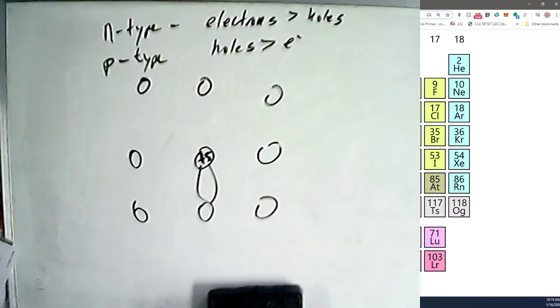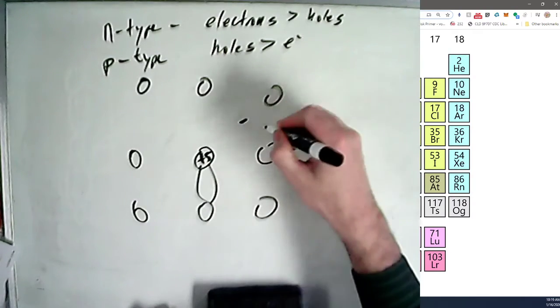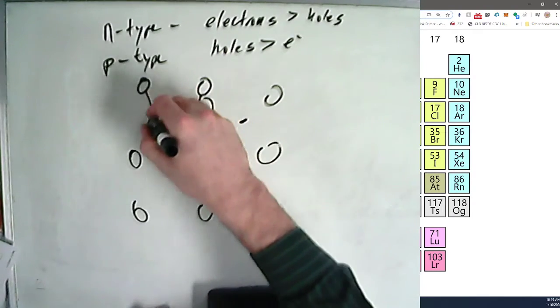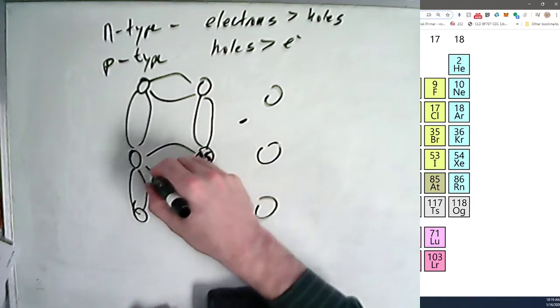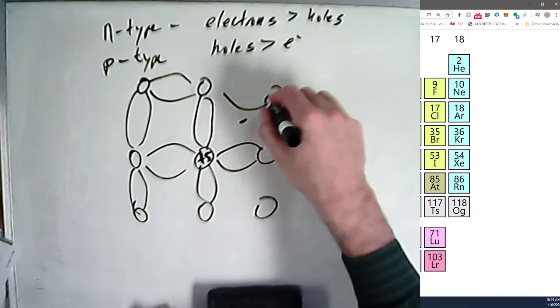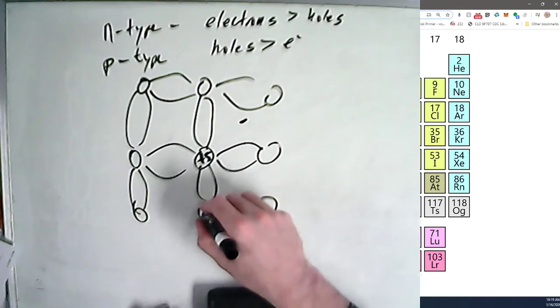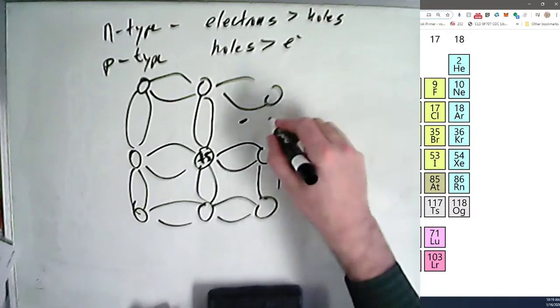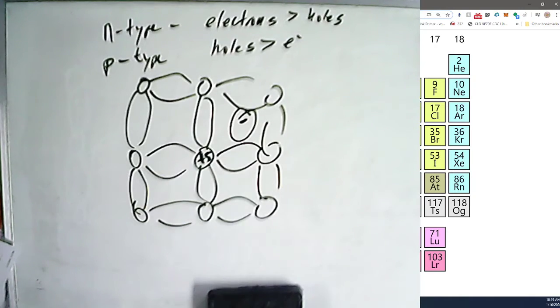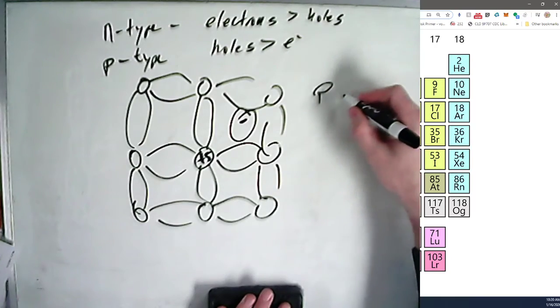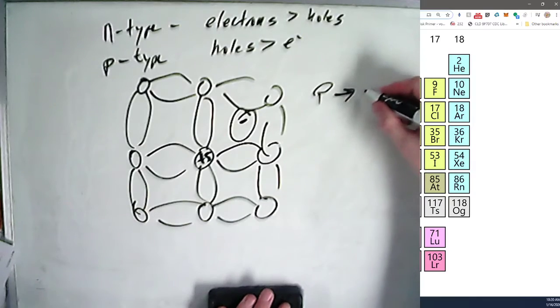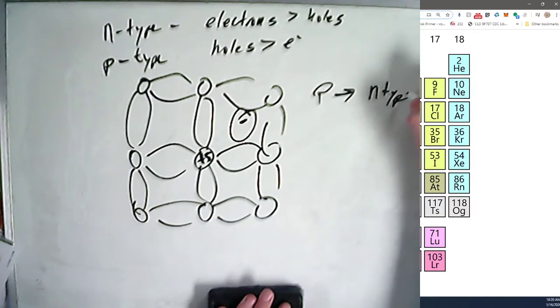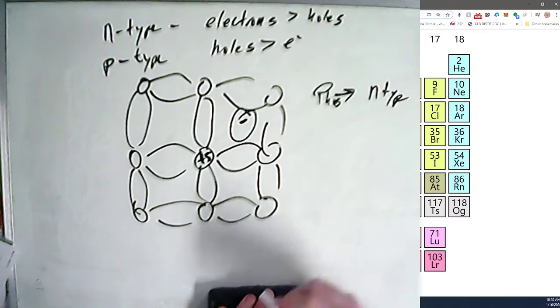That gives us an extra electron that's floating. It still covalently bonds, but that extra electron is floating out there with no accompanying hole. That's going to give us N-type. So if we dope with a phosphorus atom, it's going to give us N-type.